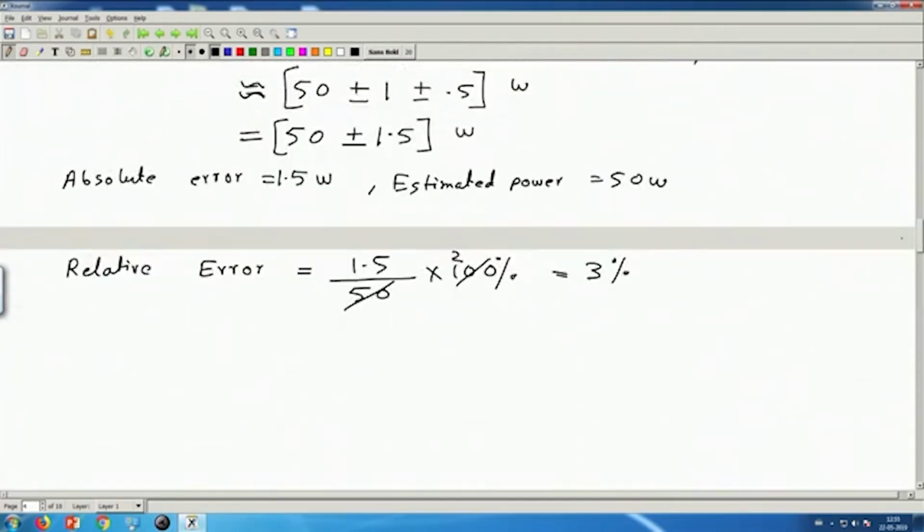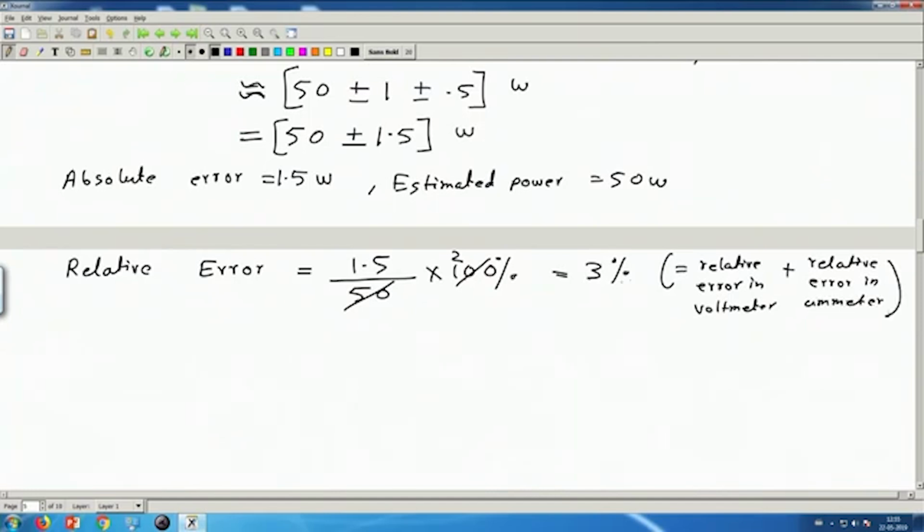Okay, so this is the same as the relative error in the voltmeter plus the relative error in the ammeter.